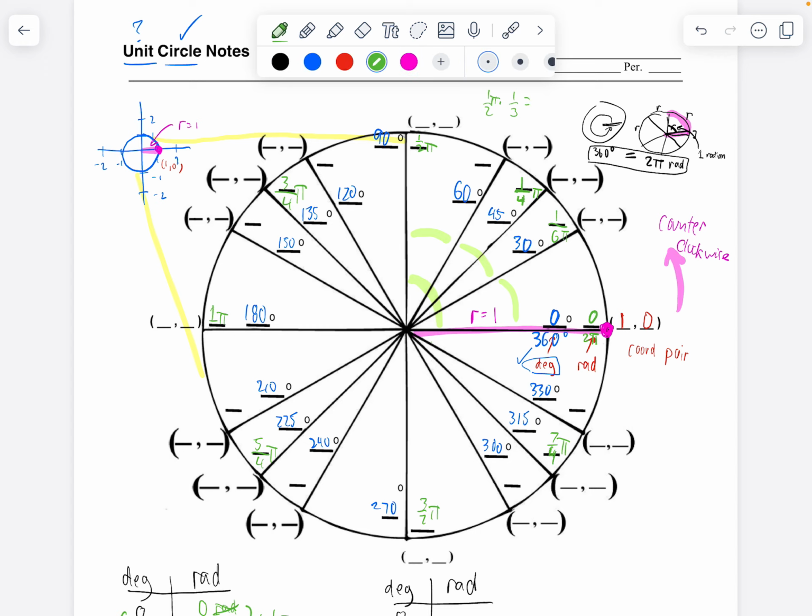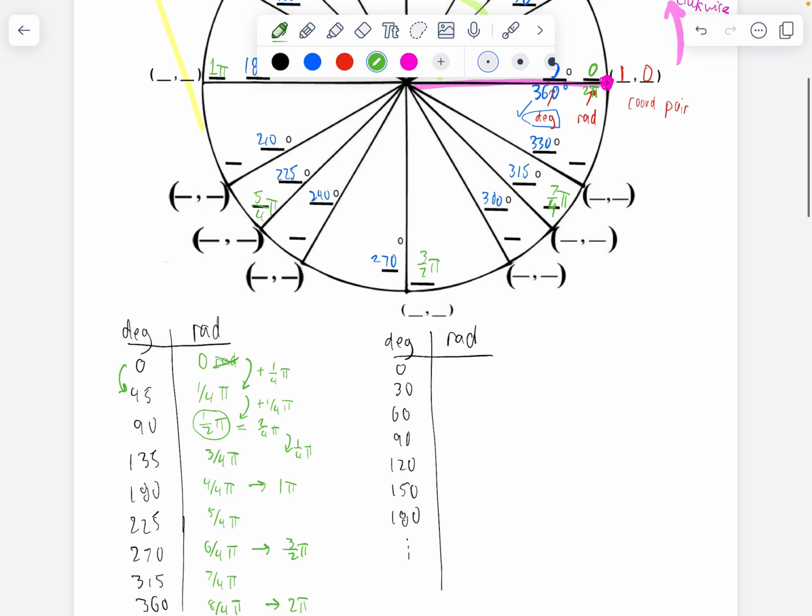And fractions say you multiply across, so it becomes 1/6. So we just figured out that this one is 1/6 pi. Let's write that down. 1/6 pi.